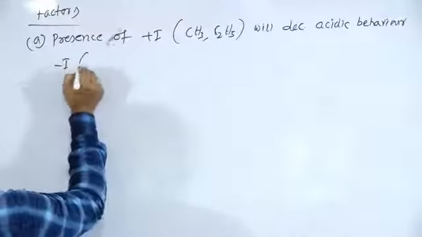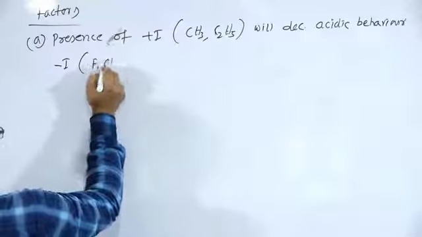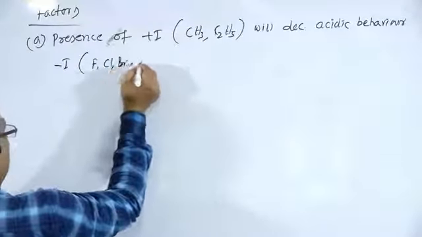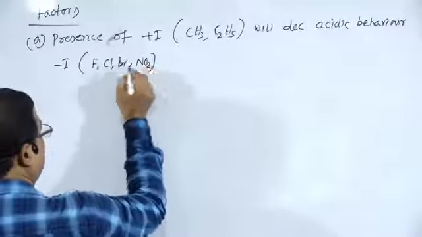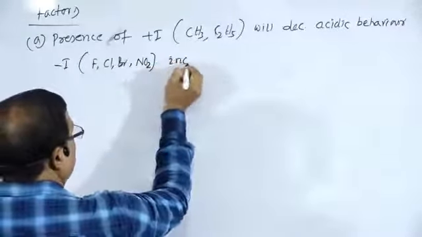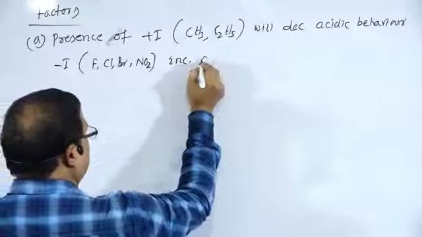Minus I groups like fluorine, chlorine, bromine, and groups like NO2 increase acidic behavior.